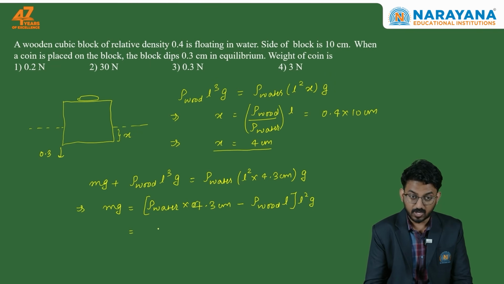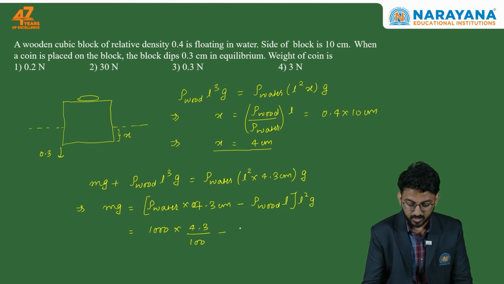So density of water in SI units is going to be 1000. We can convert this 4.3 centimeter into meter, which is divided by 100. Minus rho wood is going to be relative density, 0.4. So density of wood is going to be 400 multiplied by 10 centimeter again. L is 10 centimeter, but I have to convert it in meter. So 10 over 100.